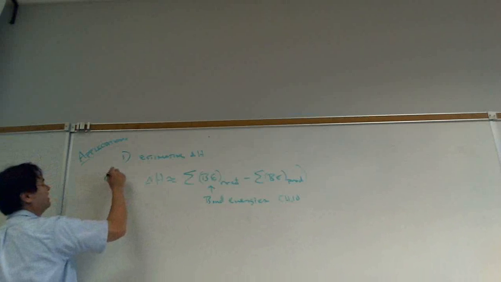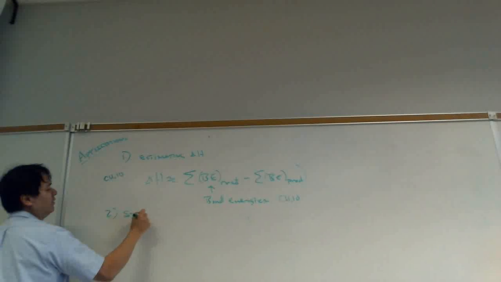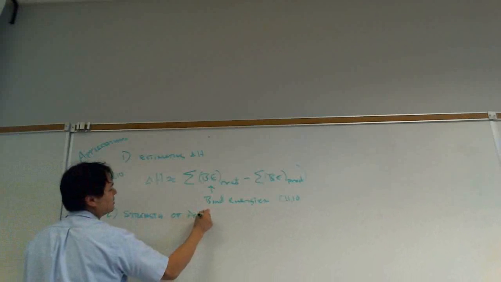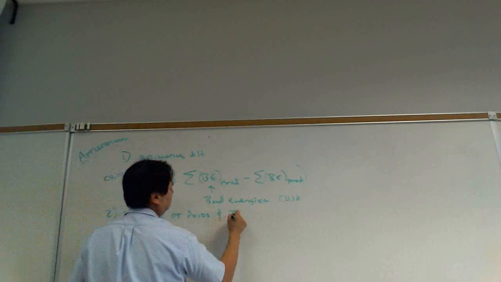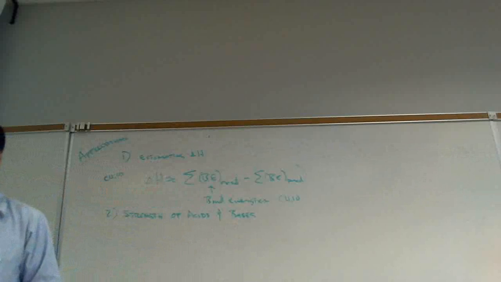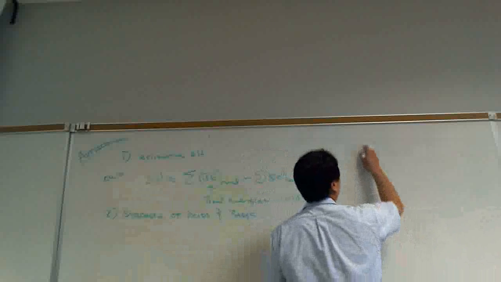Okay, the next application we're going to do is the strength of acids and bases. The strength of acids and bases is chapter 16. So let's see if we can apply some of the stuff that we learned here.